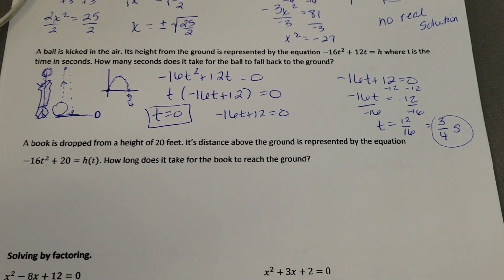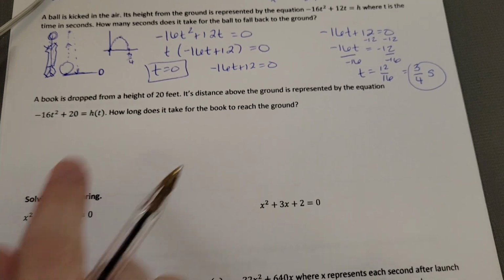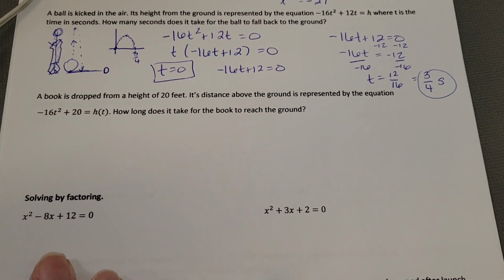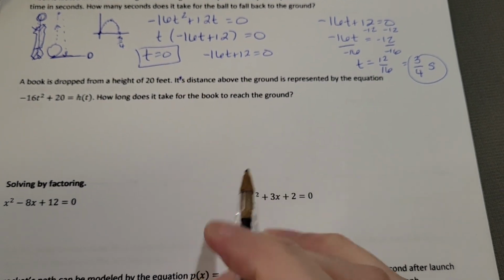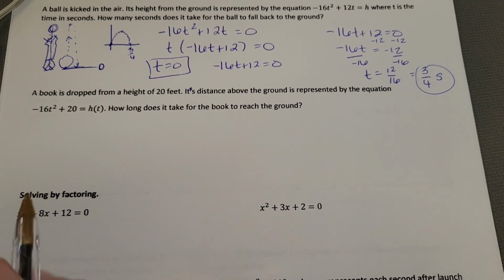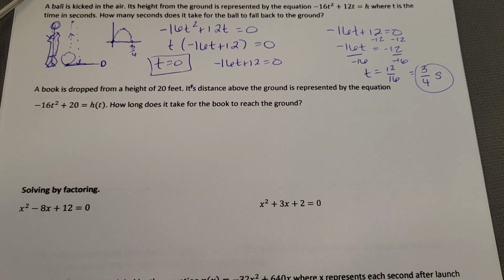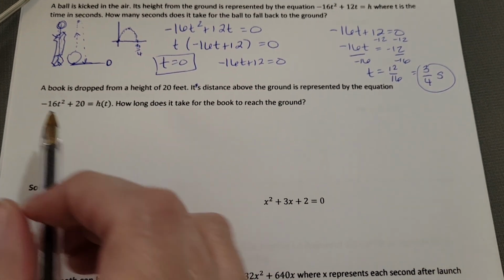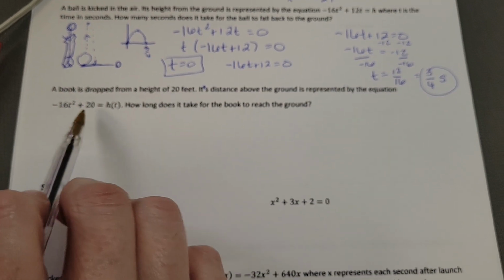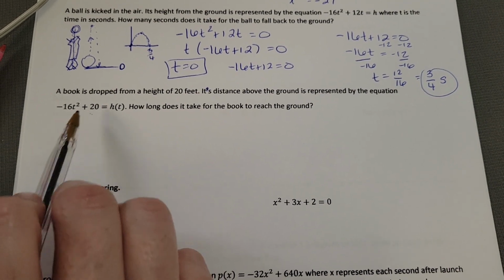All right. So here, a book is dropped from a height of 20 feet. Its distance above the ground is represented by the equation -16t squared plus 20. I apologize, that should not be an apostrophe right there. How long does it take for the book to reach the ground? So again, this time the book is being dropped from a height of 20 feet. So that's where that 20 is.